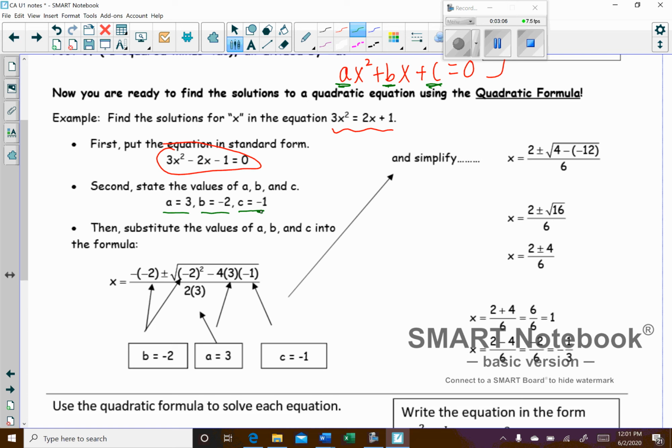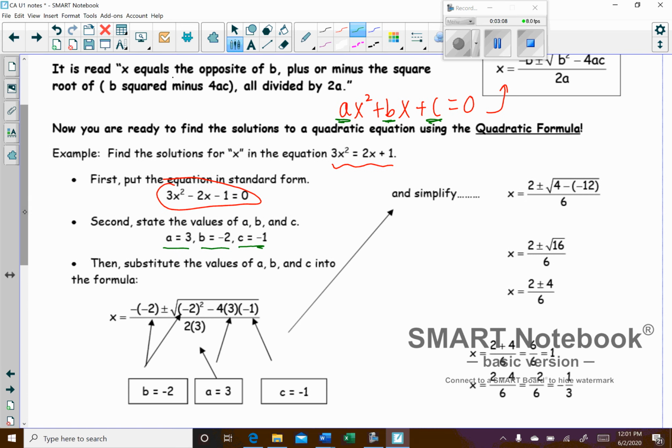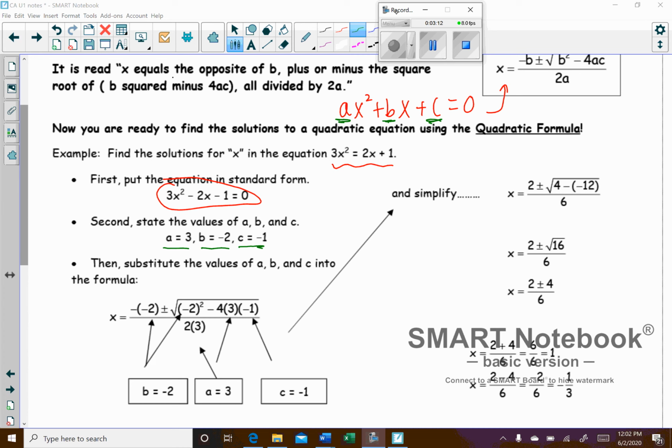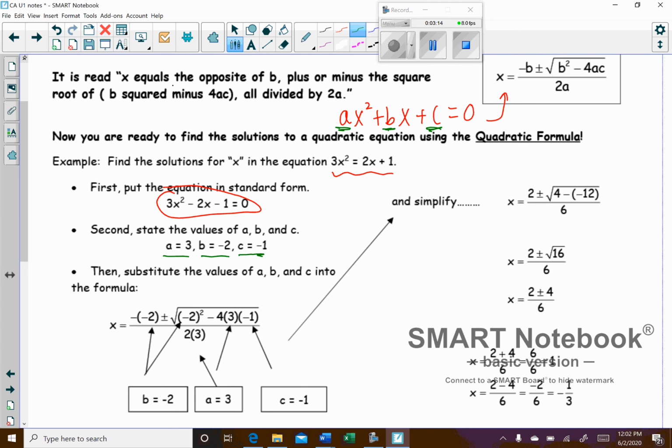Then you substitute all those values into the formula up here. This is a formula that you'll need to try to memorize. So negative b plus or minus. Here we have negative negative 2 because my b value already was negative, so I'm going to have double negatives.